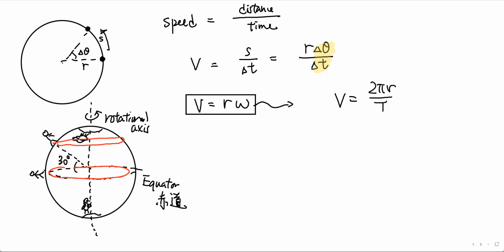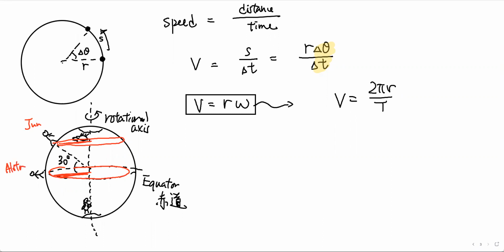So they have different speeds because they have different radii of circle. They have different radii, but they have the same angular speed. So then how can I find the speed of June and Elson?